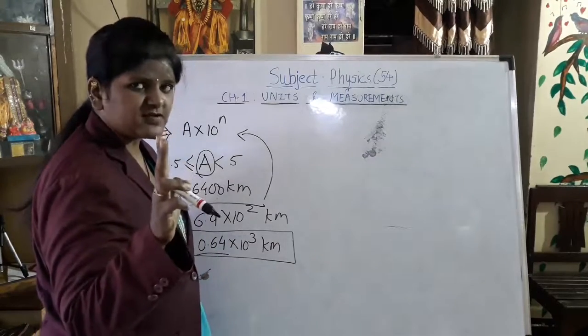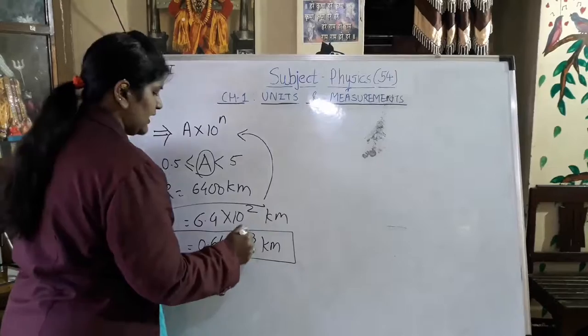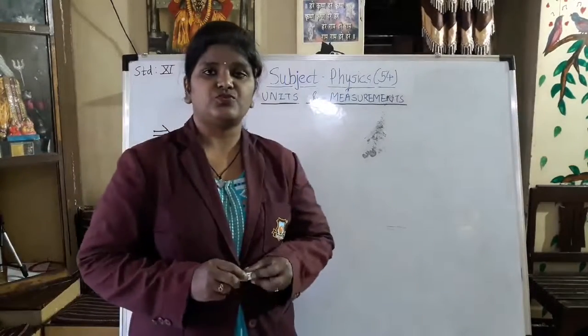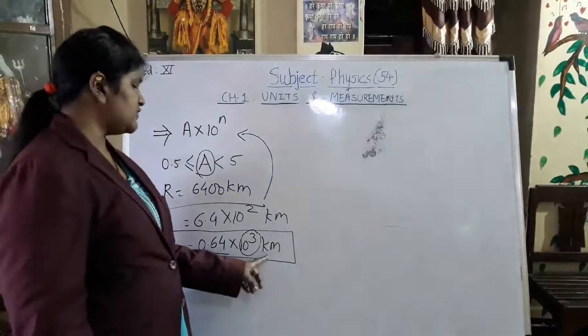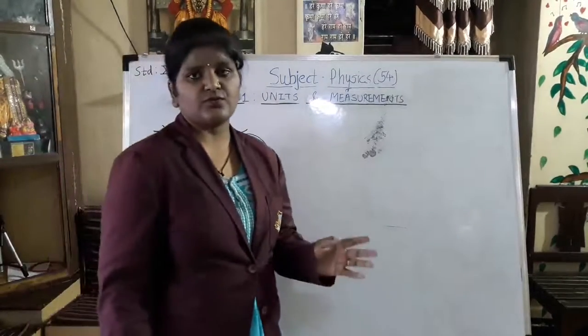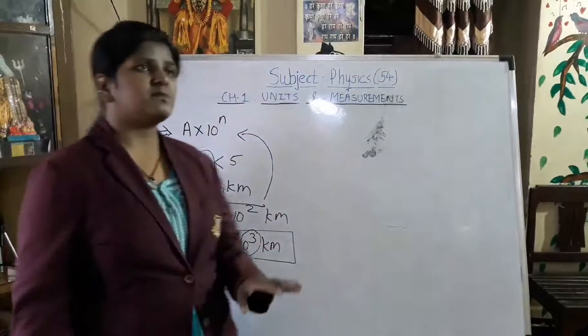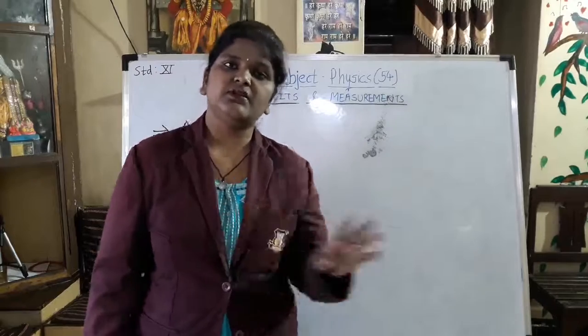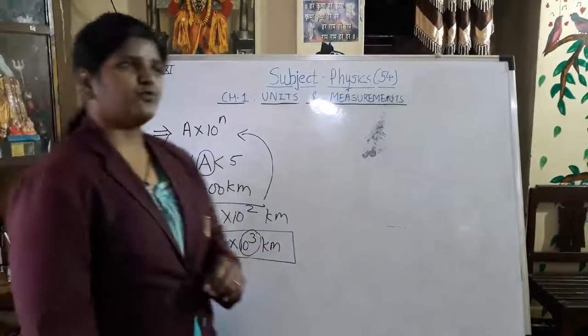Only 2 significant figures are there. And 10 to the power 3 is the order of magnitude. Again I will tell you, you can change the system of unit. By changing the system of unit, this 10th power, that means the magnitude, will change, but the significant figures will be the same, that is 6 and 4.